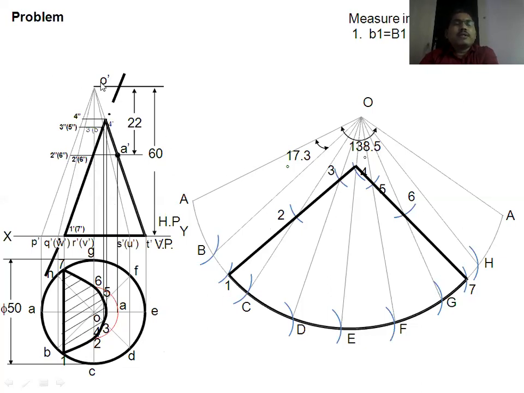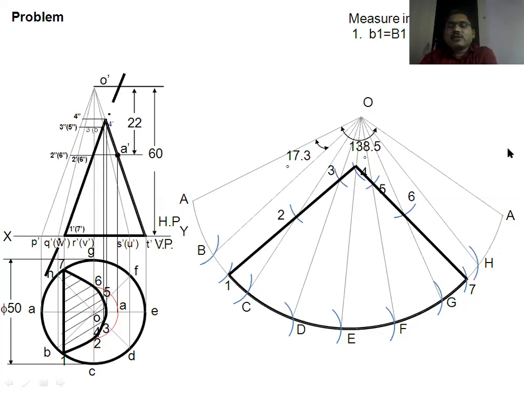Now for development you need to calculate the angle theta. So theta is equal to the radius of base divided by the length of generator into 360. Use this formula and you will get the angle as 138.5 degrees. So with OA equal to the length of generator, you mark the radius and draw this arc.